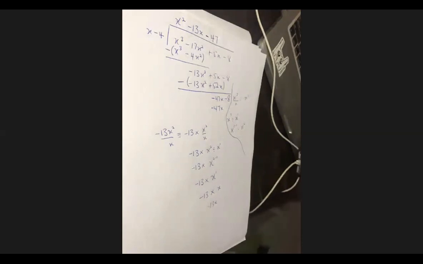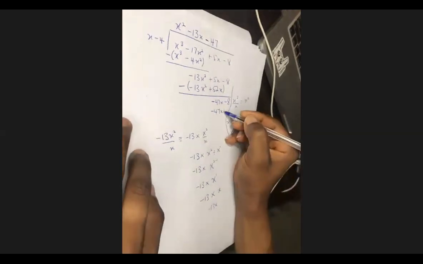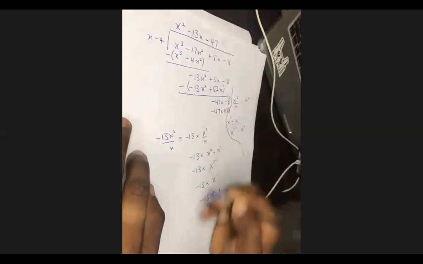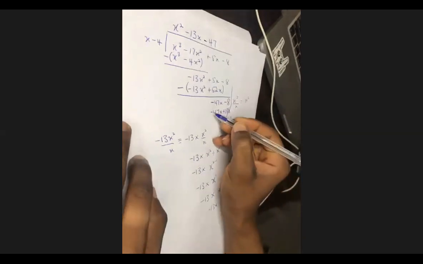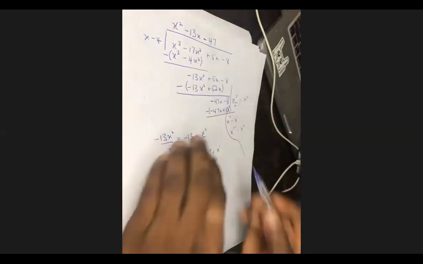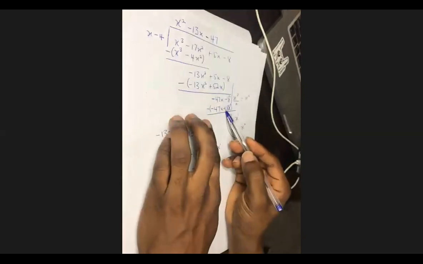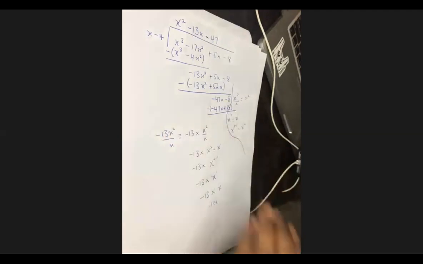Good. So plus 188. Now remember, this is negative. I underline. So this one will go to 0. And then I have negative 8 minus 188. So what do I have?